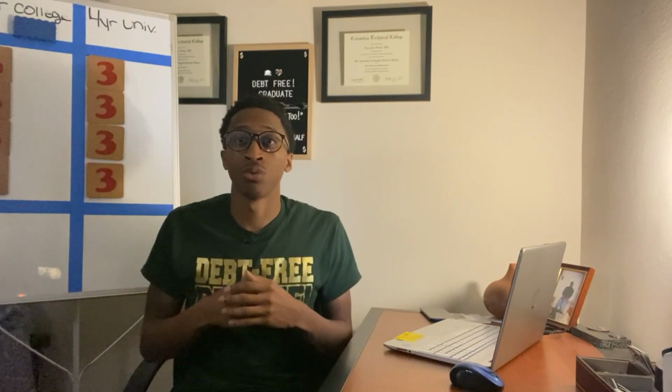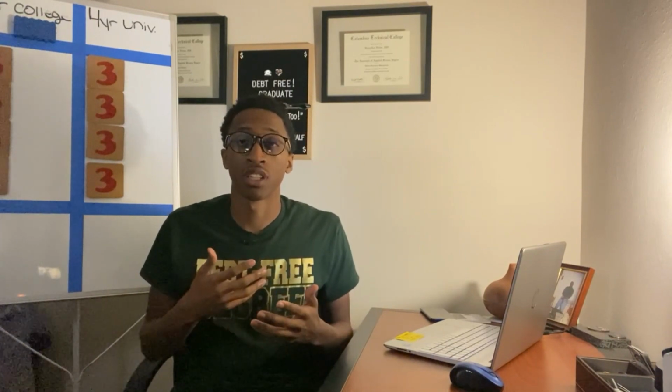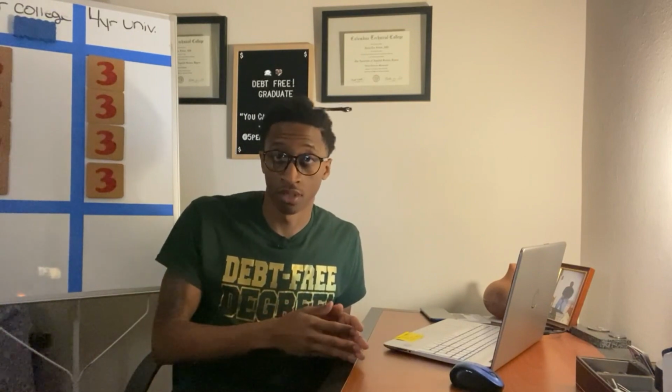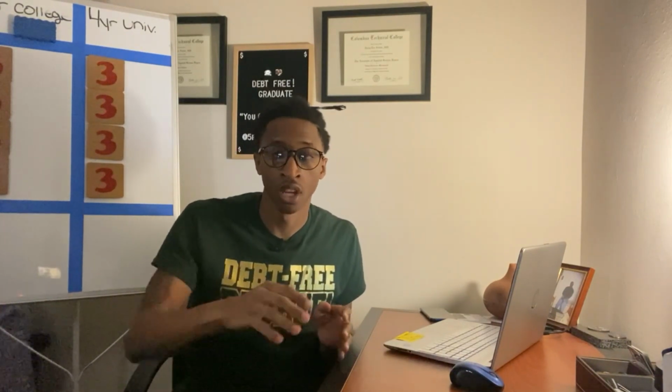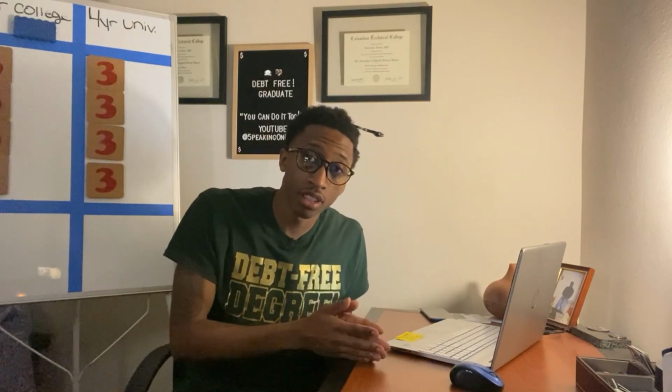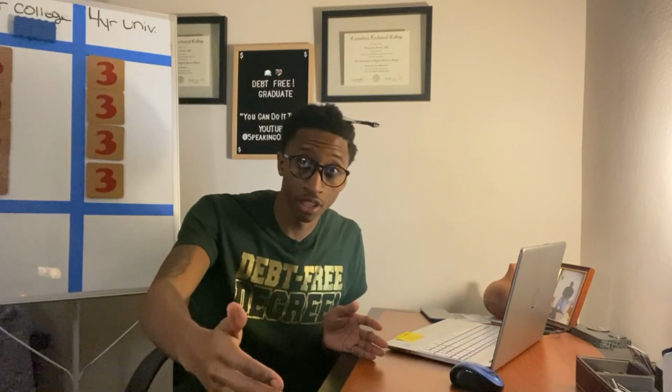Tuition per credit hour comes into play at schools because some schools will have $100 per credit hour. If you are a full-time student, 12 credit hours or more, say 12 credit hours, you're going to take that 100 times 12, which will give you 1,200.